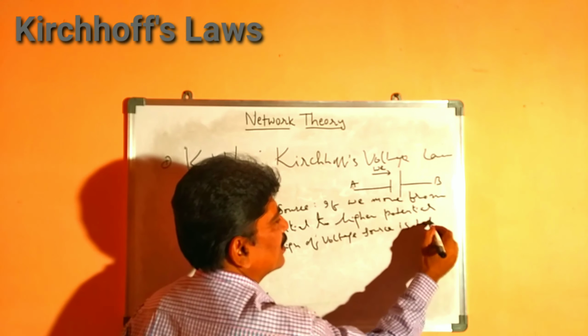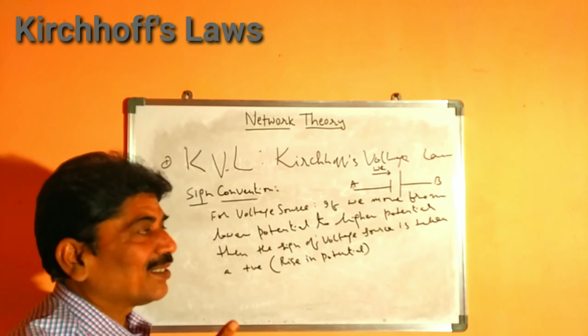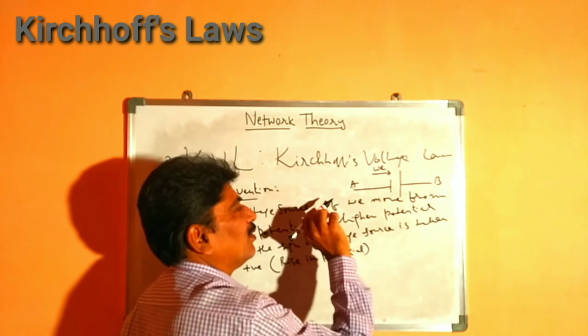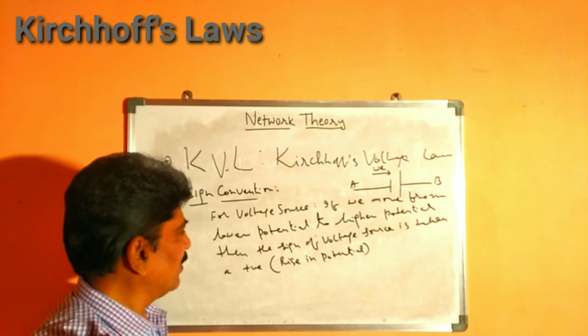It is for rise in potential. We need not bother about the direction of current. Current can move from A to B or B to A, but we consider only our direction, not the direction of the current.